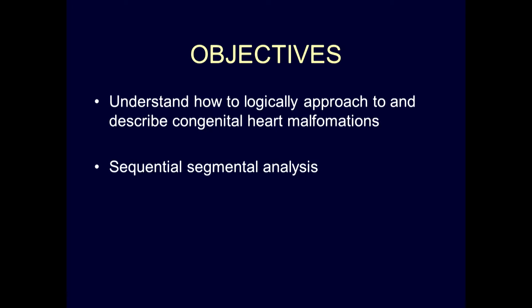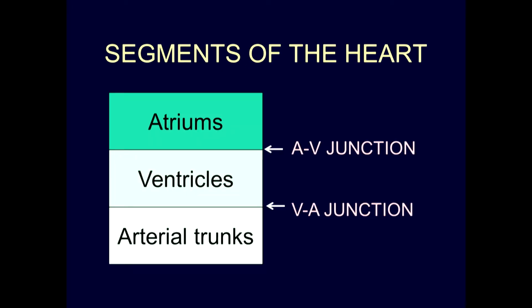So, sequential segmental analysis. As you know, the heart mass has 3 segments: atriums, ventricles, and arterial trunks. And we also have 2 junctions: the atrial myocardium joined to the ventricular mass, the atrioventricular junction, and the ventricular mass giving rise to arterial trunks, the ventriculo-arterial junction.